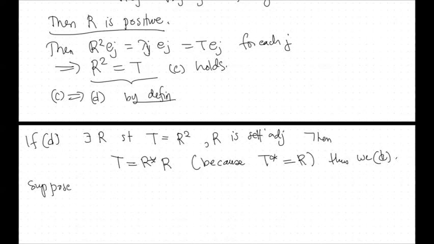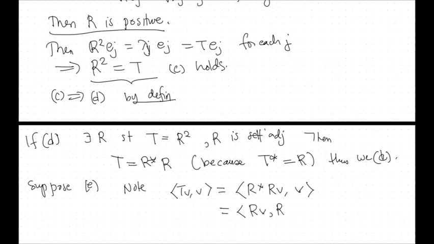Suppose now E holds. We need to prove A. Note that the inner product of T v with v is equal to the inner product of R v with R v, since R star is R. And then we can express this way, and of course this is greater than or equal to 0.